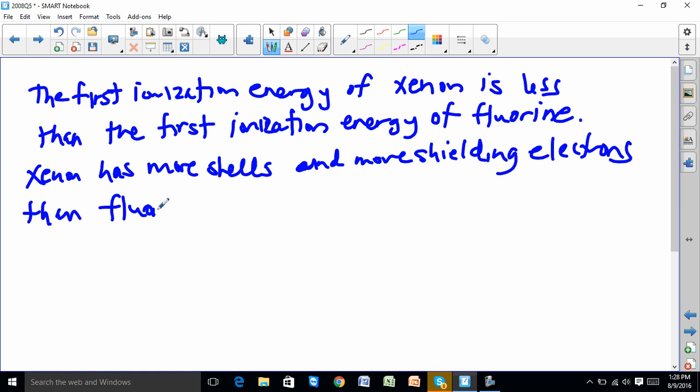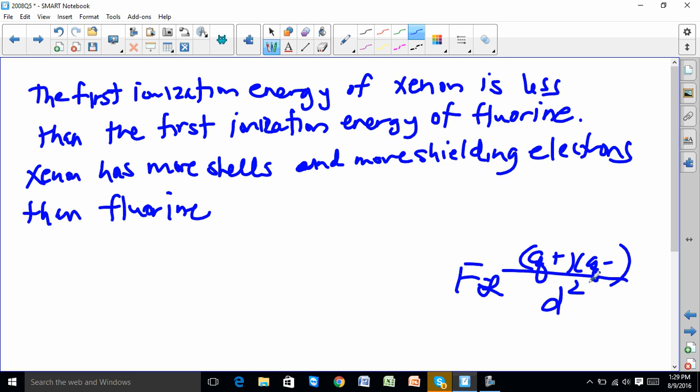Now remember, Coulomb's law says that the force of attraction is proportional to Q positive times Q negative over distance squared. And because the distance is squared, that's why this trend is stronger.